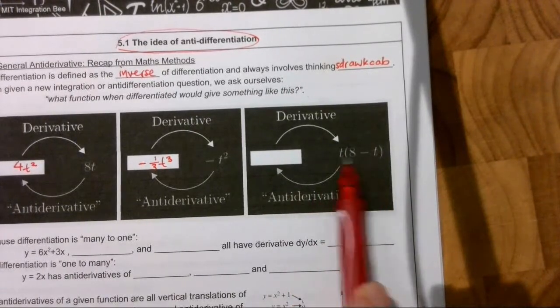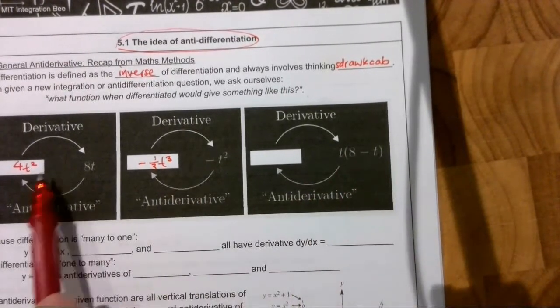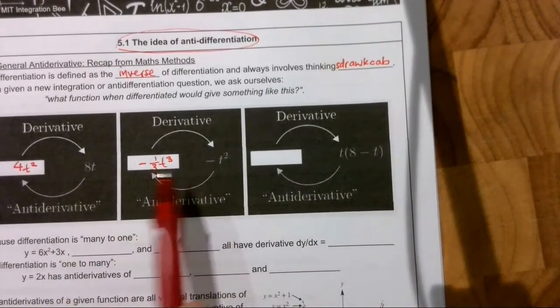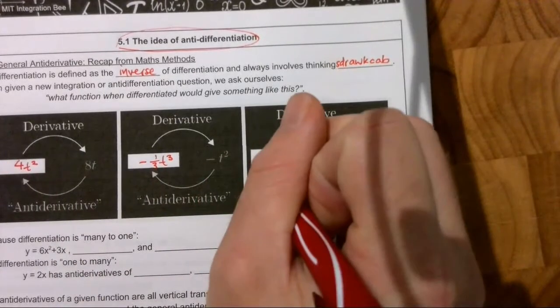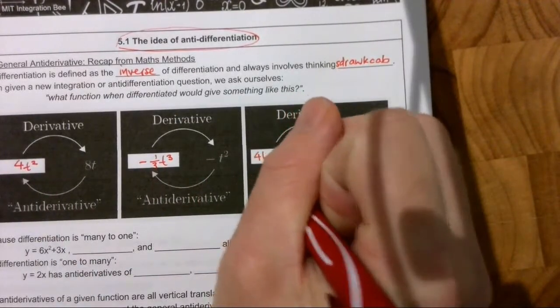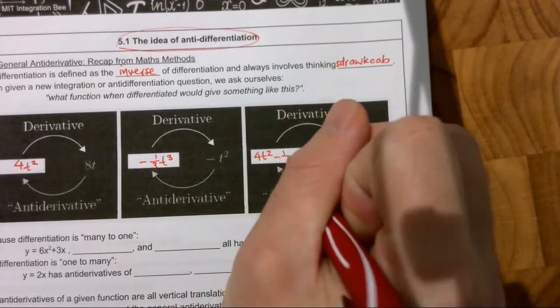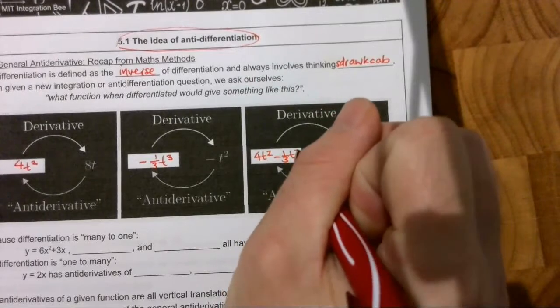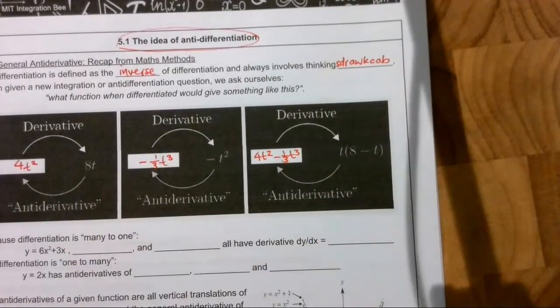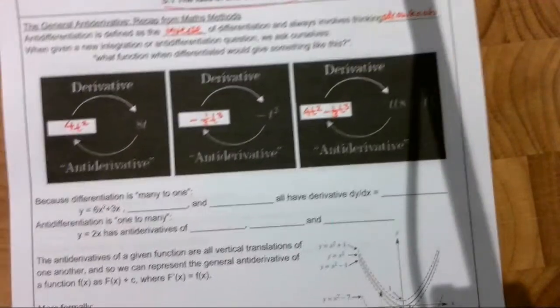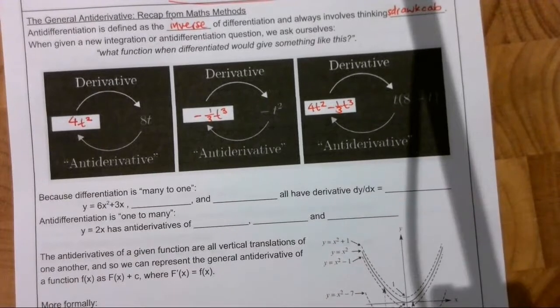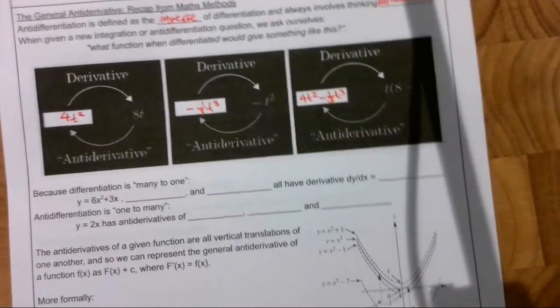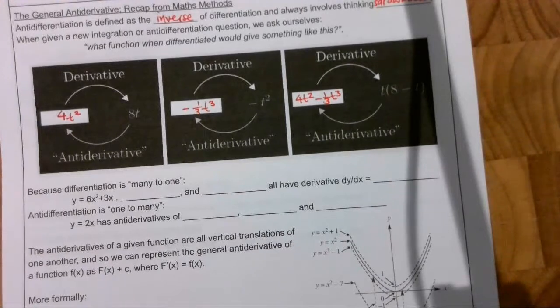Well, what we've got to do is split it into parts, and then we realise we have the 8t and the minus t squared. We deal with them separately, and we realise that an antiderivative must be 4t squared minus a third t cubed, using the first 2 parts. And that mental process, that thinking backwards, is just going to be so key to pretty much everything we do in this anti-differentiation unit.